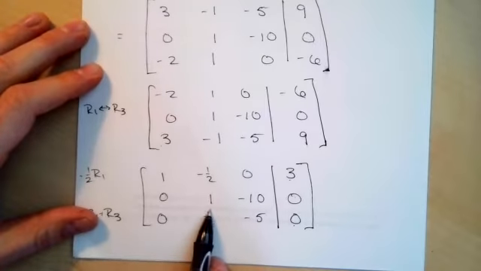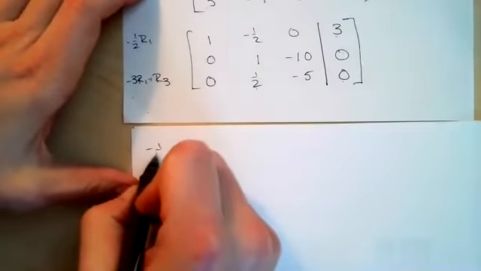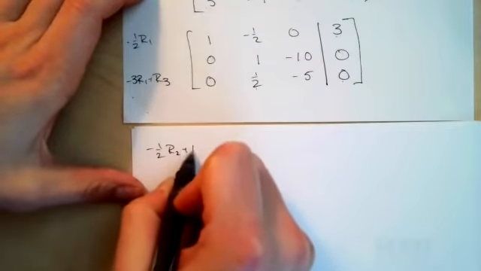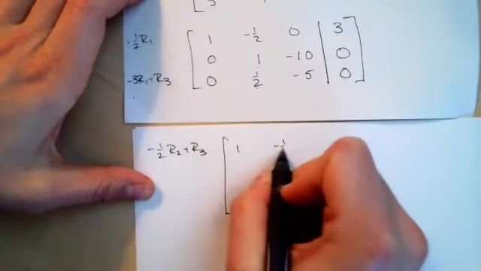So let's go ahead and get rid of this 1/2. What we want to do now is minus 1/2 row 2 plus the new row 3. The first row is not going to change.